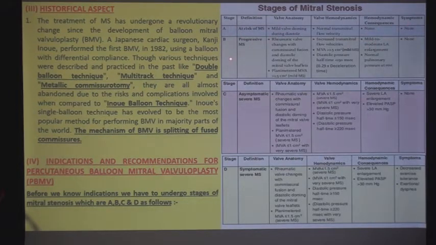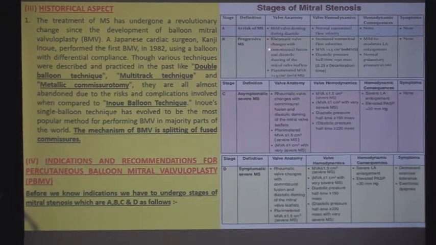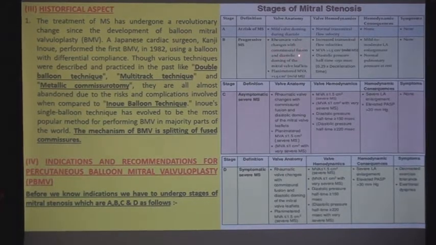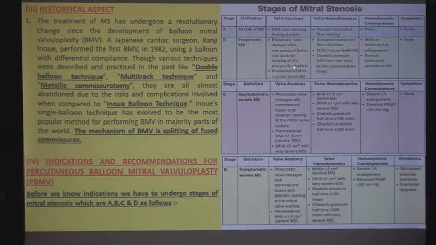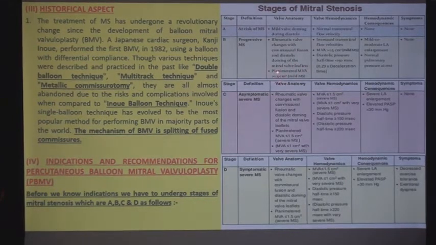Now stage B, progressive mitral stenosis. Valve anatomy, rheumatic valve changes with commissural fusion and diastolic doming of mitral valve leaflets. And by planimetry, mitral valve area will be more than 1.5 centimeter square, means mild mitral stenosis. Then valve hemodynamics, there will be increased transmitral flow velocity and mitral valve area more than 1.5 centimeter square.